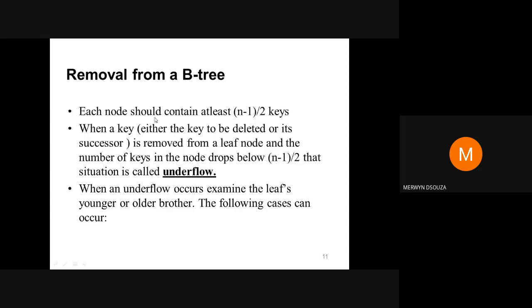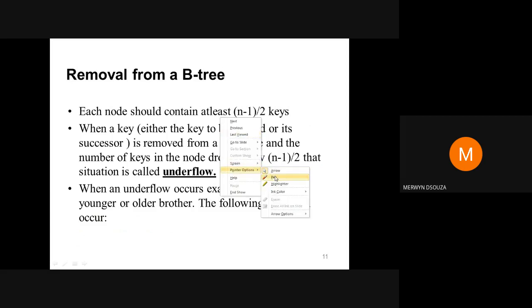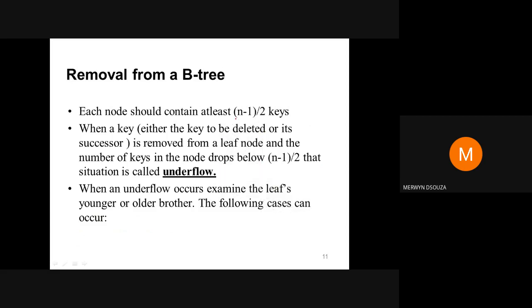So this is the formula. In this line you can see the minimum number of keys. The formula for that is (n minus 1) divided by 2. These are the minimum number of keys that each node should have when you are doing deletion.